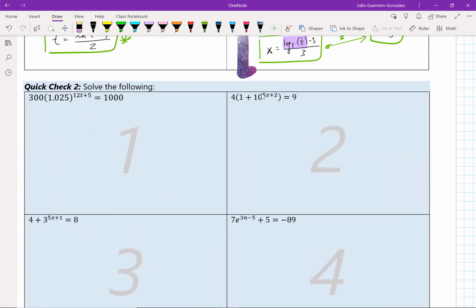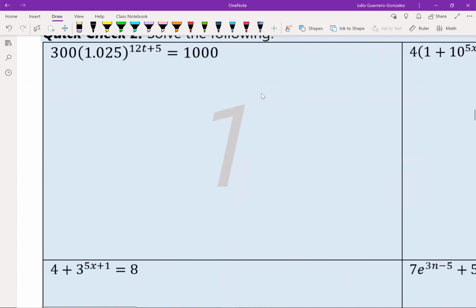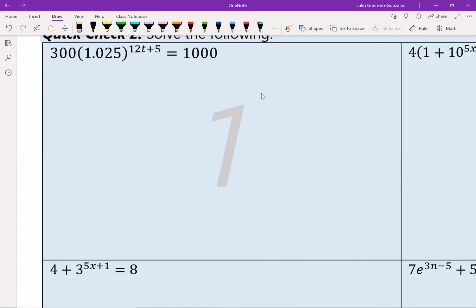Okay, so turns out... let me do this again. 300, 300. So we get left with 1.025^(12t+5) equal to 10 over 3.